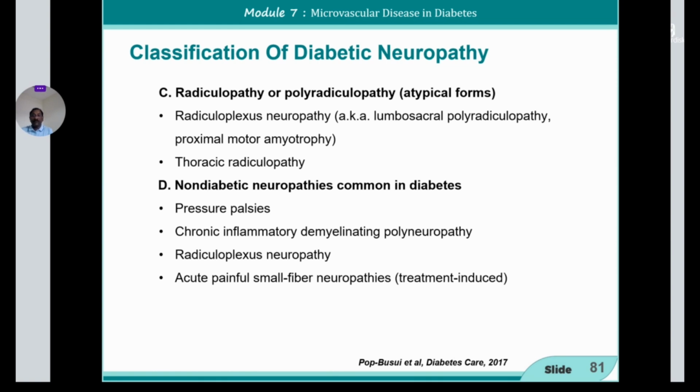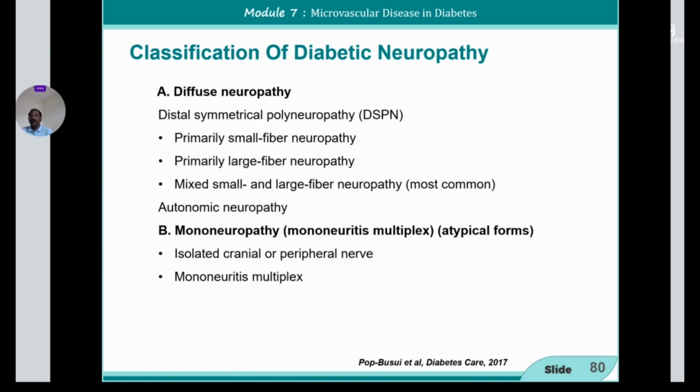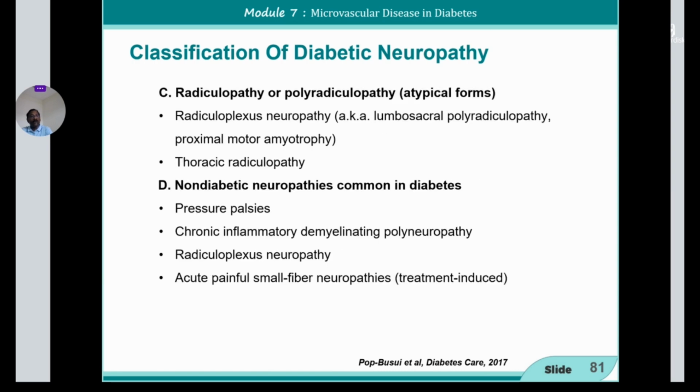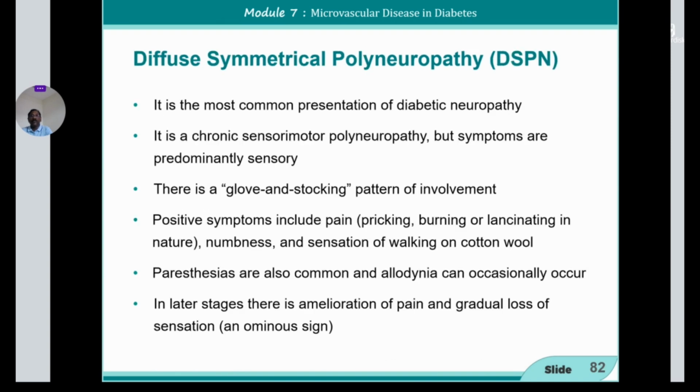Radiculoplexus neuropathies and acute painful small fiber neuropathies, maybe treatment induced, like INH neuropathy or steroid neuropathy, etc. So these are the different types of neuropathies we often see in diabetic individuals: diffuse neuropathy, mononeuropathy, autonomic neuropathy, radiculopathy, and the non-diabetic neuropathies, which are also very common in diabetic individuals.